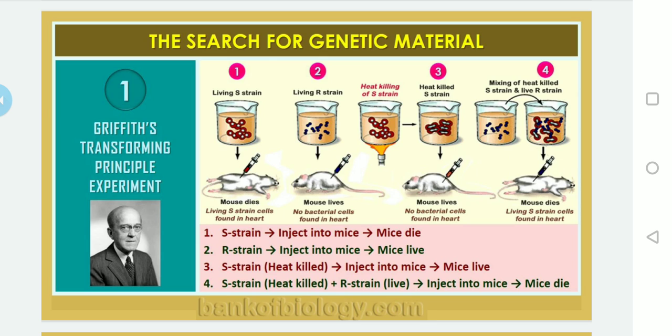What happened in the fourth case? The mice developed pneumonia and died because of pneumonia. Okay, so these are the four observations, as well as the four possible experiments, he conducted.